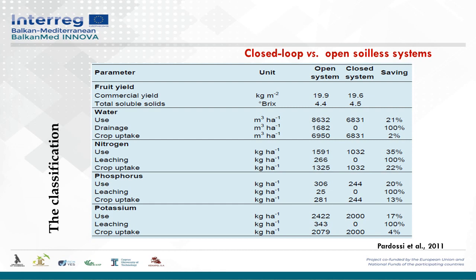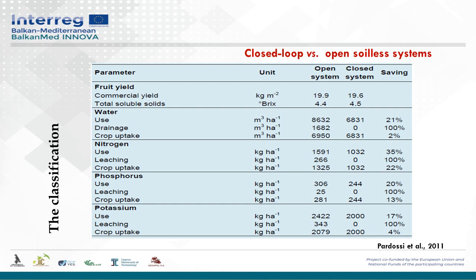In case of the open system, it is about 8,600 cubic meters per hectare, and it's only 6,800 cubic meters per hectare in the closed system. So there is a saving of water of about 21%.